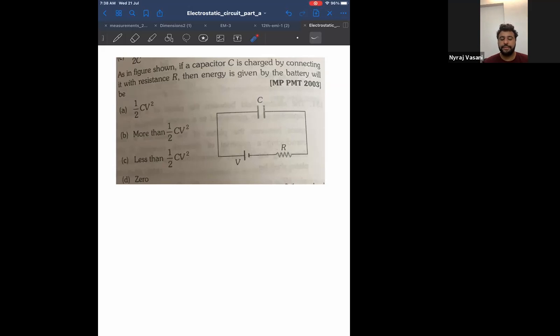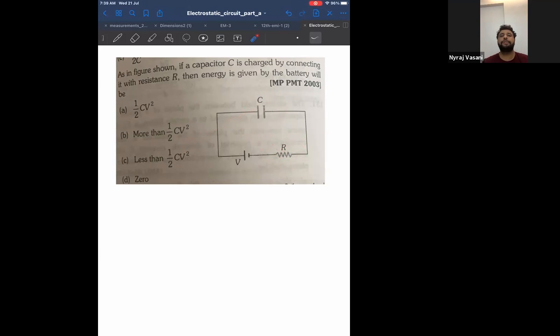If the capacitor is charged by connecting with a resistance R, then the energy will be given by. Now, energy for a capacitor is half CV square, correct? But there is one more energy dissipated in the form of heat because the resistor also will give you heat, correct? Since heat also is a form of energy, can I say the energy has to be more than half CV square because of the factor of heat also?